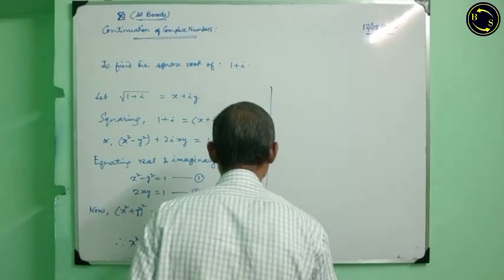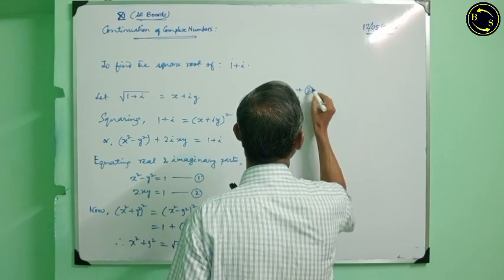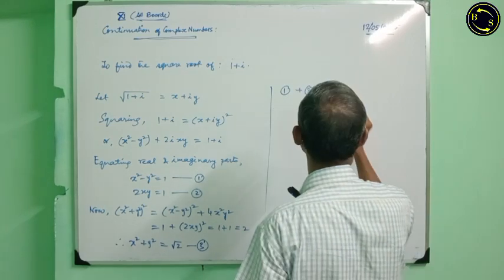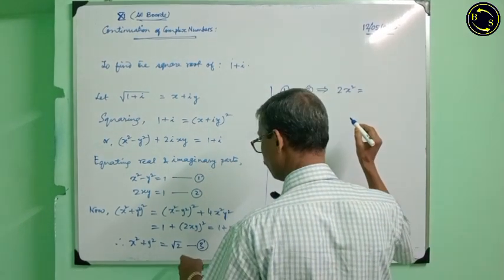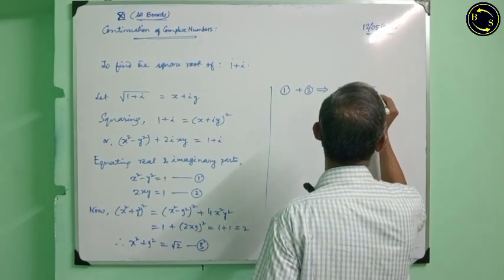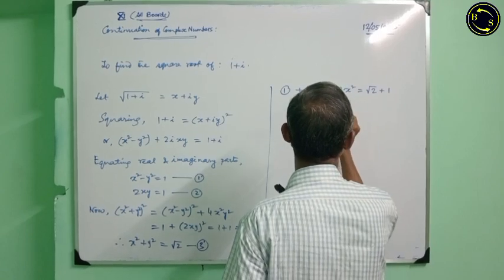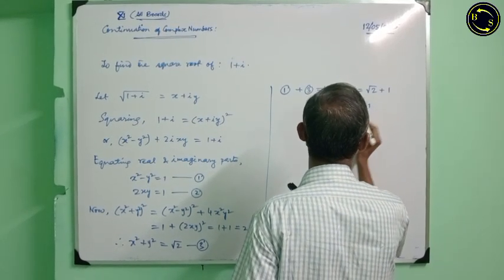Now 1 plus 3, adding these two equations, what do we get? y square cancelled, therefore 2x square is equal to root 2 plus 1. Therefore, x square equal to (root 2 plus 1) divided by 2.